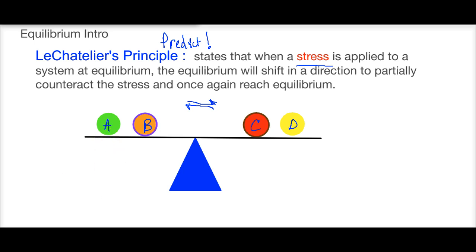Now, what would happen to this system if I added another A? Well, if we think about this, just based on the kinetics, if we have more A around, and A has to bang into B to make C and D, don't we have a higher probability of colliding with B to have an effective collision and make product?